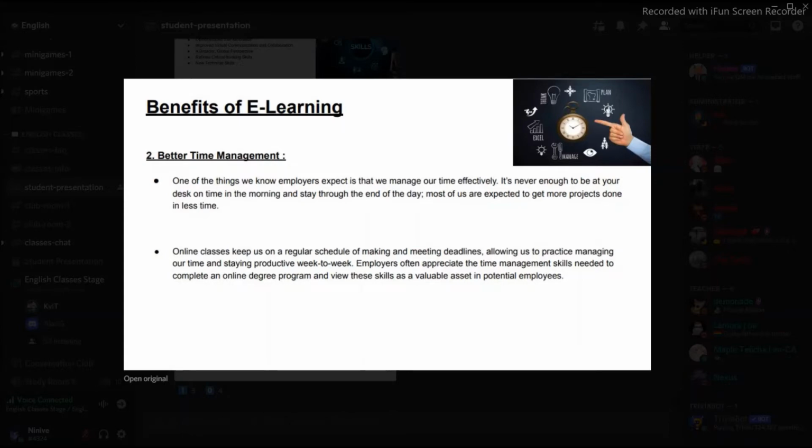That's how it helps you learn about time management, which is very, very important in our life. Because if you miss your time, you miss it. Time will never go back. So it helps you to focus on the time that you have, to get the most important things in your day done. Next, please.